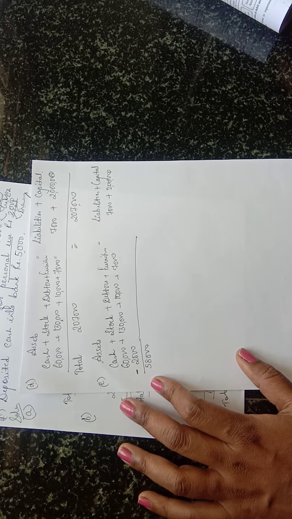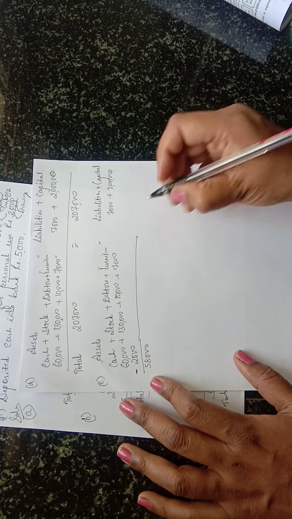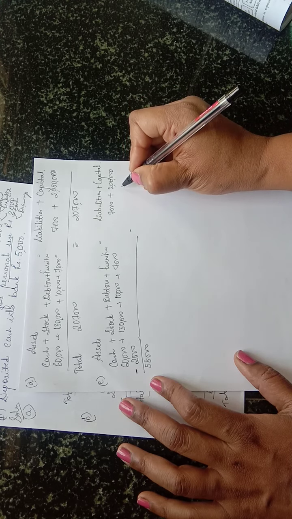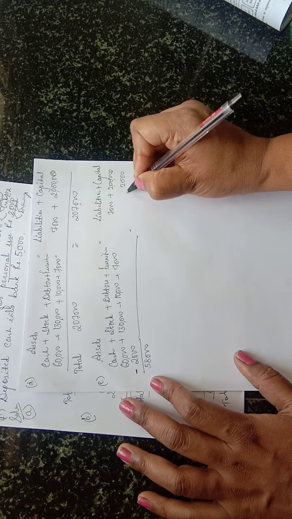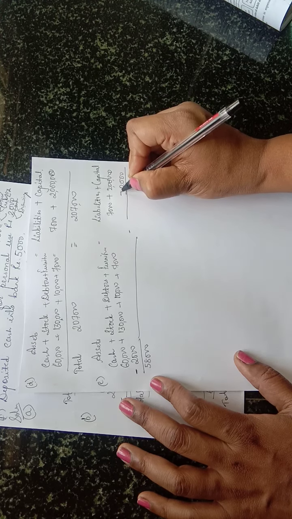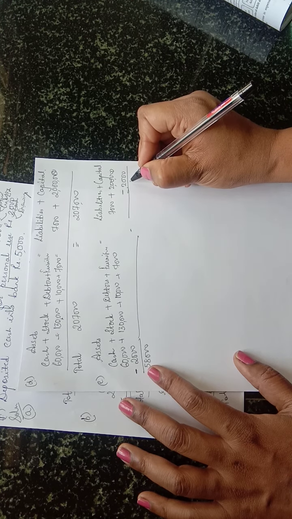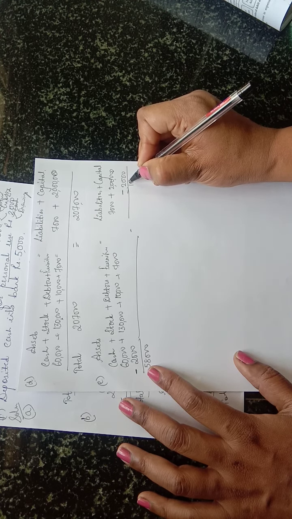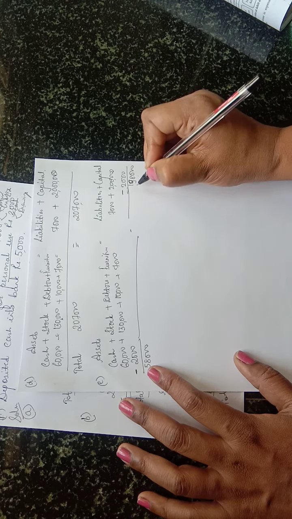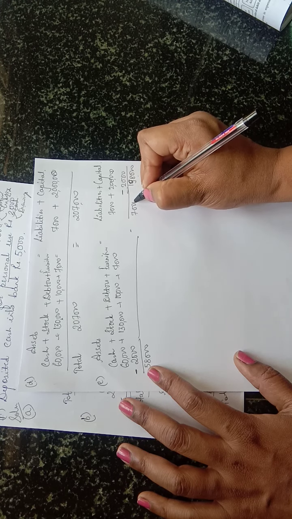So here drawings and capital are both opposite. So the amount from capital, your capital balance is decreased, right? So capital is decreased by rupees minus 2,000, right? So how much is it? Capital balance 1,98,000 and total liabilities 7,000.